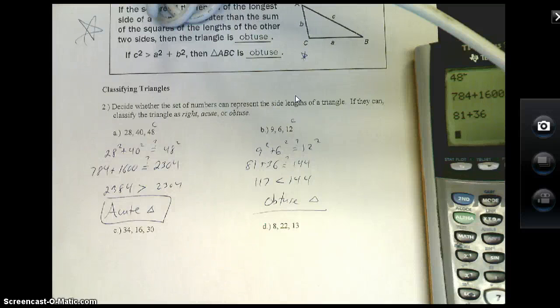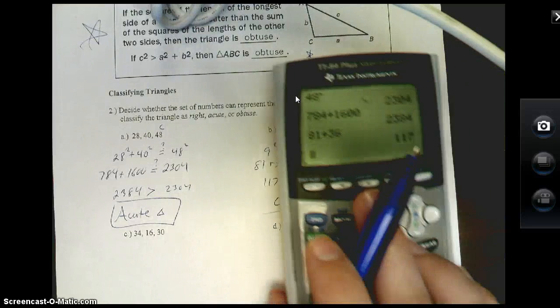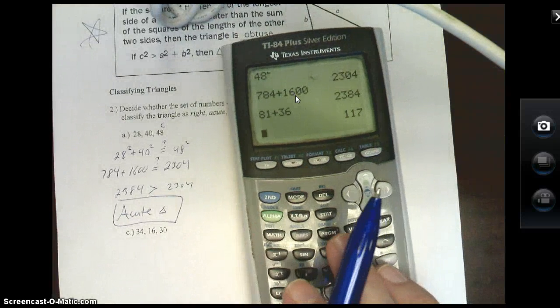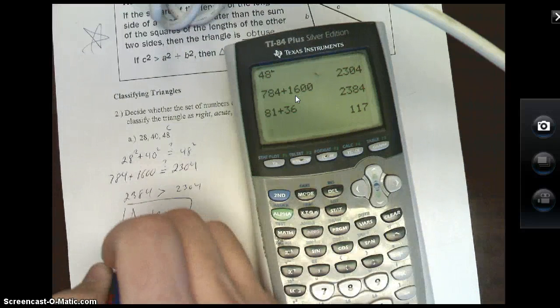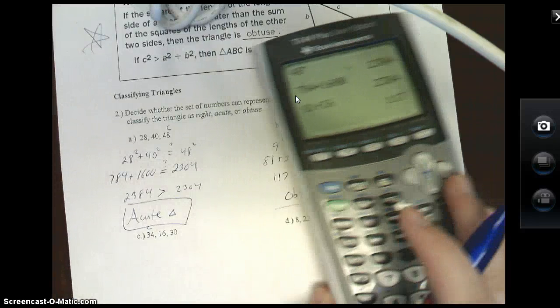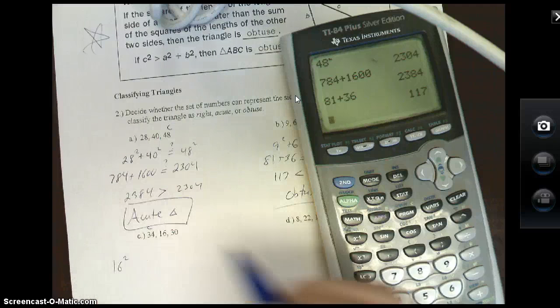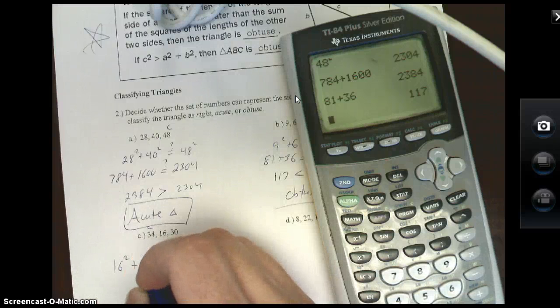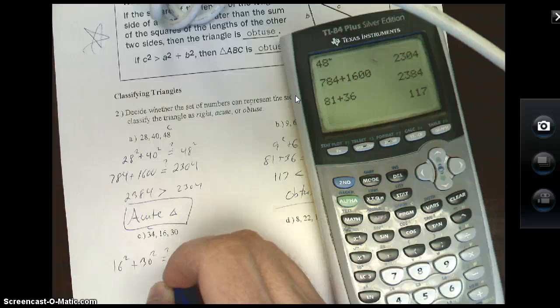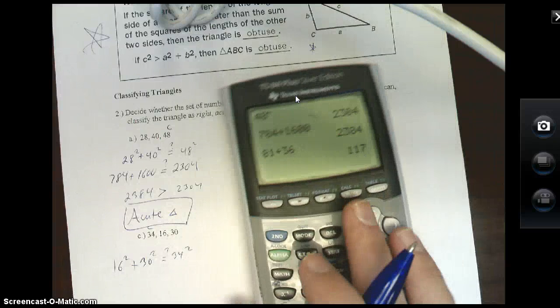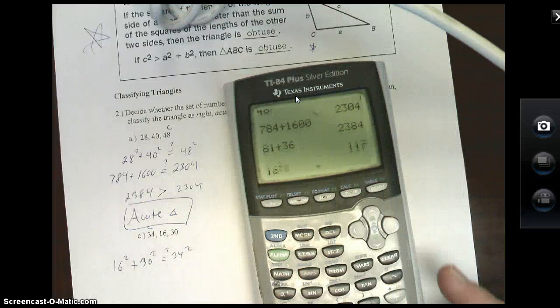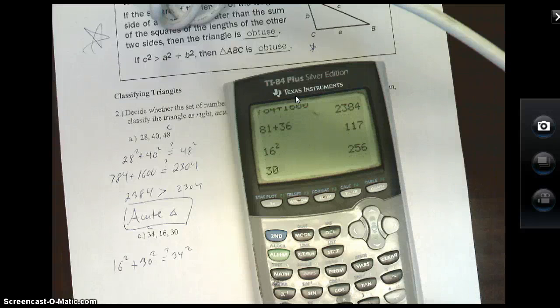Now, take a little bit longer down here to look. 34, 16, and 30. For this one, your largest side is 34, so there's your c. That can throw you off every once in a while. 16 squared plus 30 squared, see if it equals 34 squared. 16 squared, here's your 30 squared, here's 34 squared.